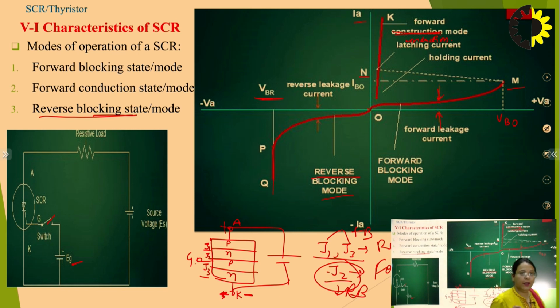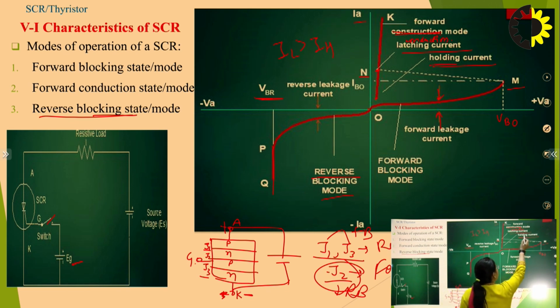So you can see I have shown two currents, the latching current and the holding current, in this characteristics. This is the latching current and this is the holding current. The value of latching current is always greater than holding current, right. The latching current is the minimum current which is required to keep the SCR in the on state. And this is the holding current.